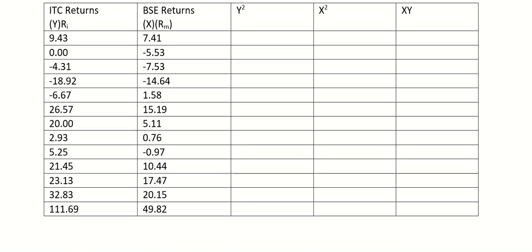So these are the values given to you, right? Now we will calculate the remaining values. So these are the returns of 12 months, and this last one is the summation. Okay. So this is summation of y, and this is summation of x.